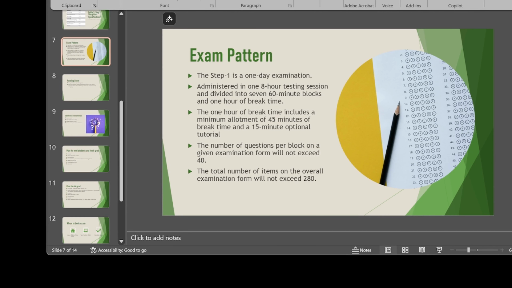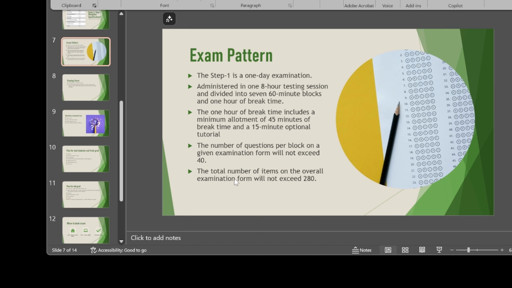Now coming to the exam pattern, it is a 1-day exam administered in an 8-hour testing session, and it is divided into seven 60-minute blocks. You have 45 minutes of break time. If you skip the 15-minute tutorial, that 15 minutes gets added to the 45 minutes, making it 60 minutes of break time.